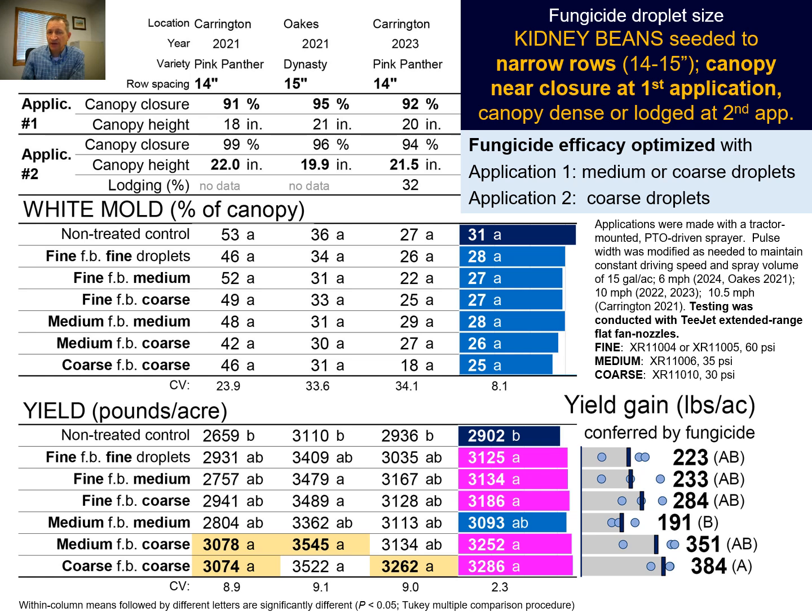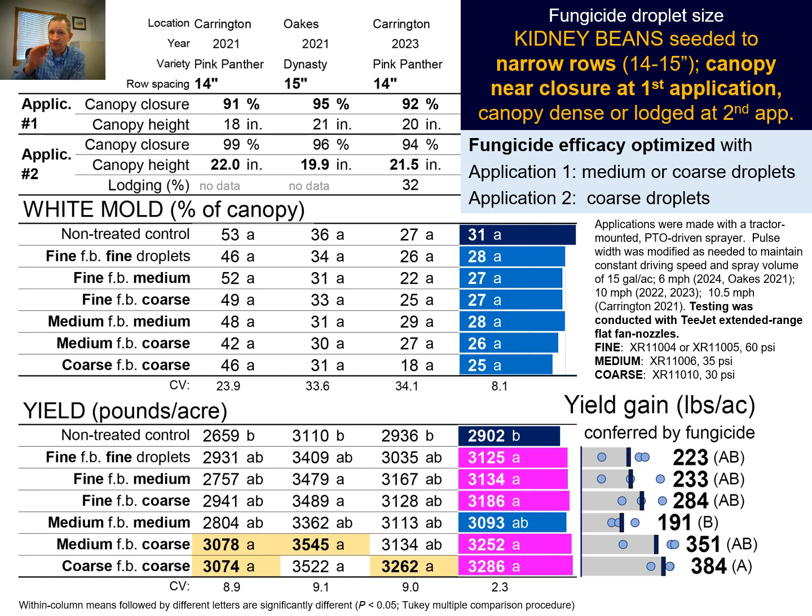Next, I want you to look at the height. You notice that with the exception of Carrington in 2021 with Pink Panther kidneys, the height of the canopy increased very little between applications 1 and 2, and actually in one of the studies the height went down. What this suggests is that lodging was likely an issue, and in the one study where we quantified it, yes, there was quite a bit of lodging with that canopy already a third of the way from vertical, with 32% average lodging.